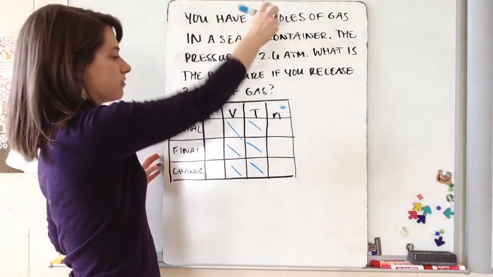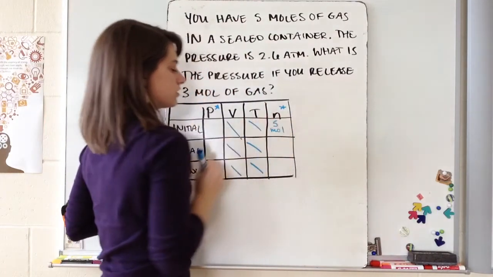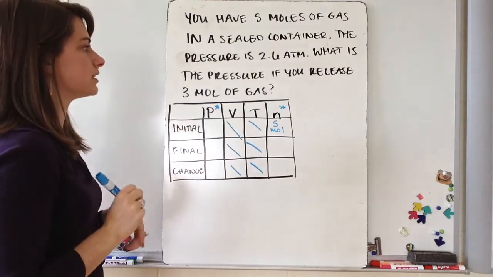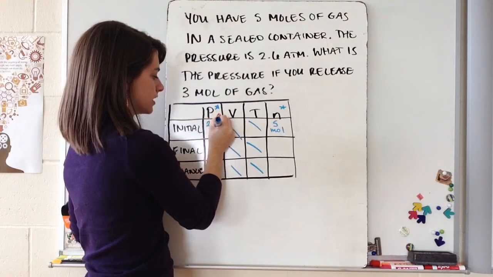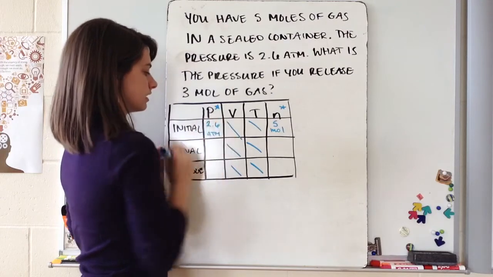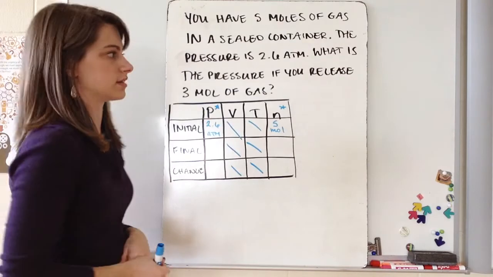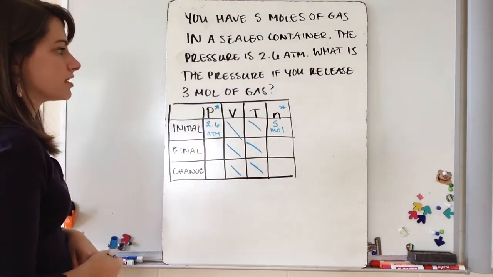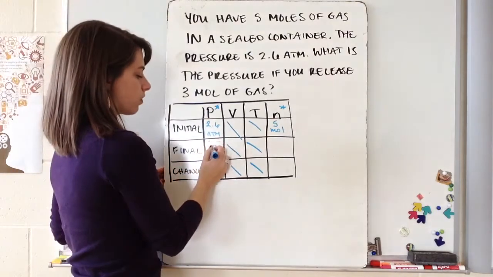We have 5 moles of gas. So that's our initial N is 5 moles. In a sealed container, the pressure is 2.6 atmospheres. So 2.6 is our initial pressure. What is the pressure if you release 3 moles of gas? So we're looking for pressure.